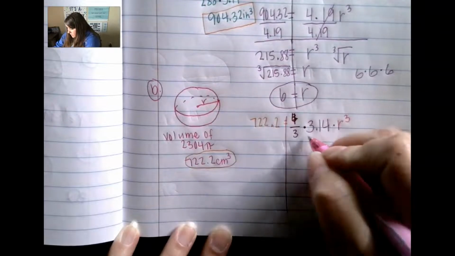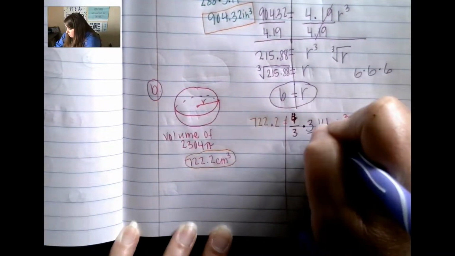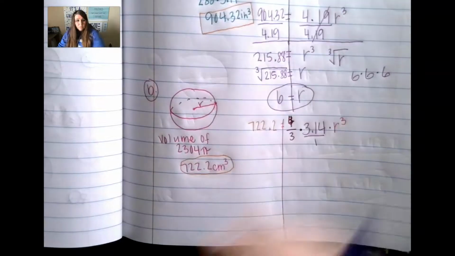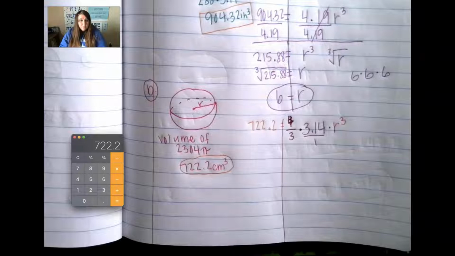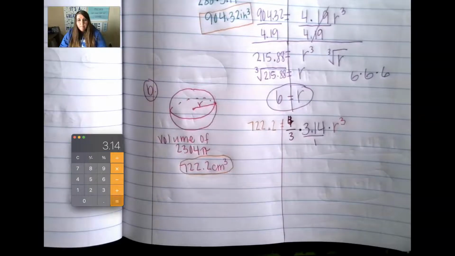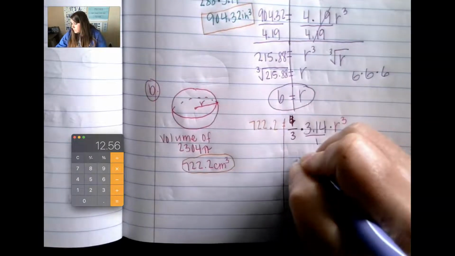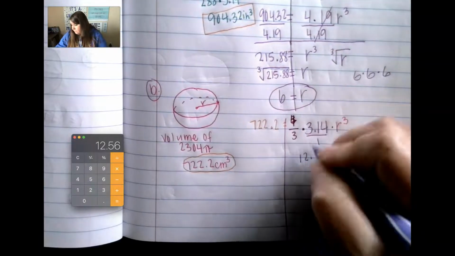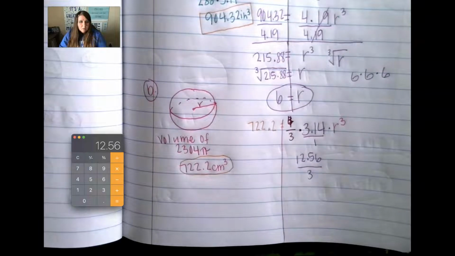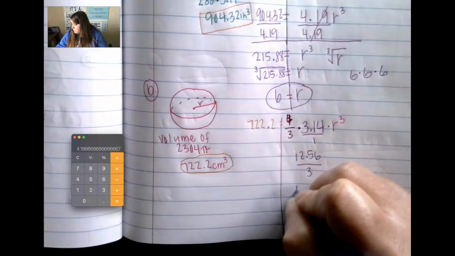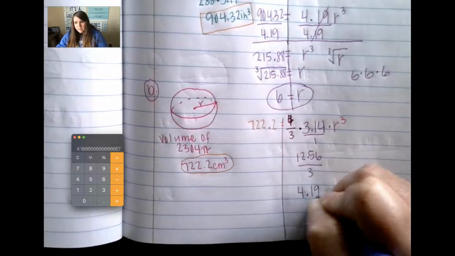All right, we're going to solve now for what we know. Again, we're going to put a 1 underneath this so that we can multiply 4 times 3.14. So 4 times 3.14 gives us 12.56 divided by 3, 4.19.